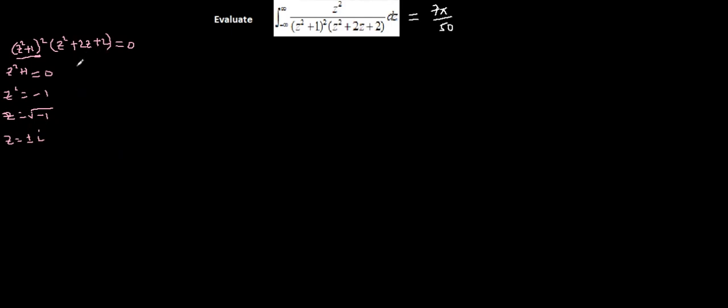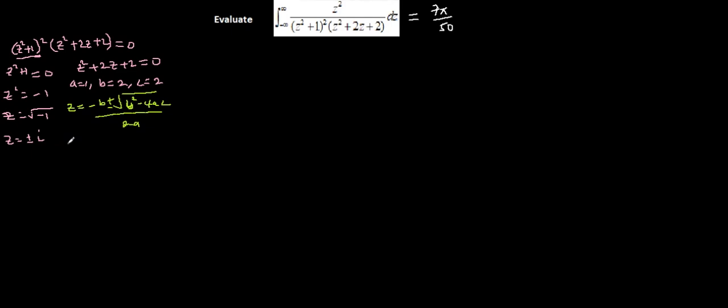So at this side now we have z squared plus 2z plus 2 equal to 0. Here we have a to be 1, b to be 2 and c to be 2. Using the quadratic formula, z is equal to minus b plus or minus square root of b squared minus 4ac, divided by 2a.